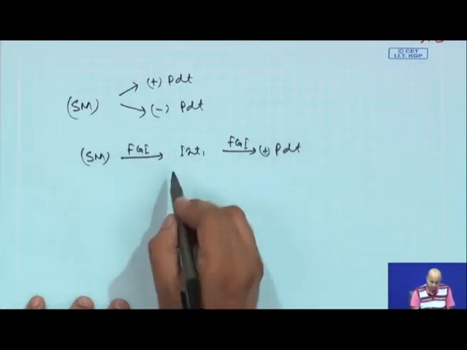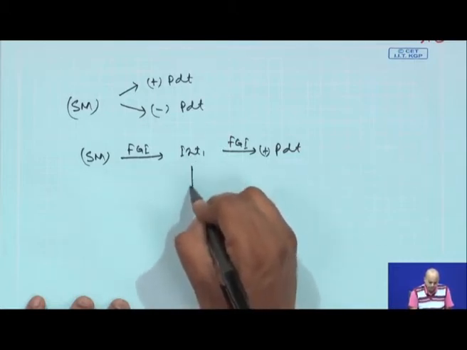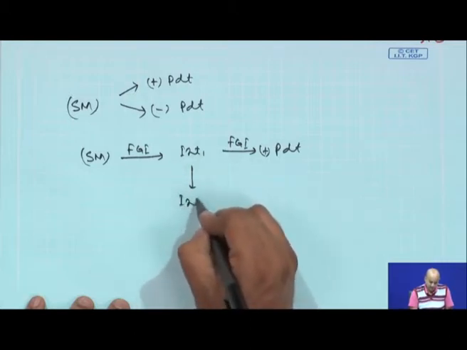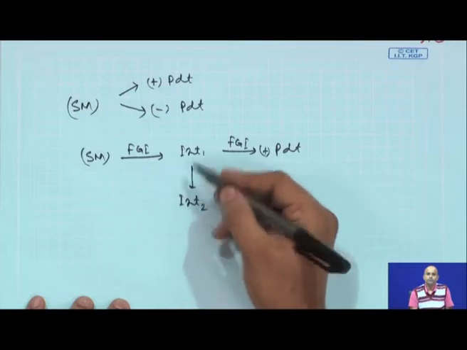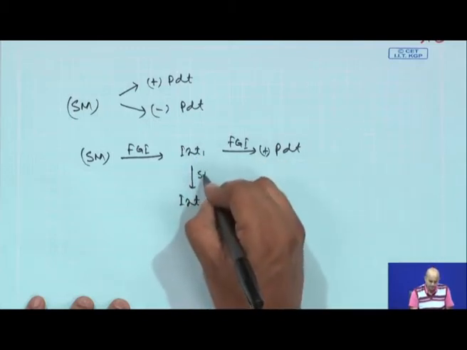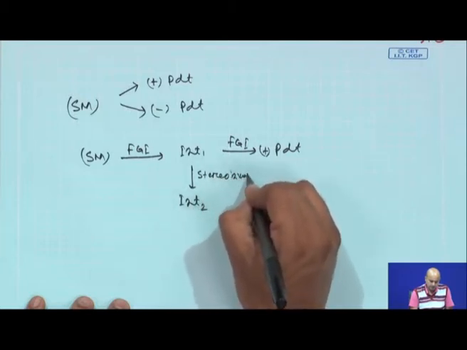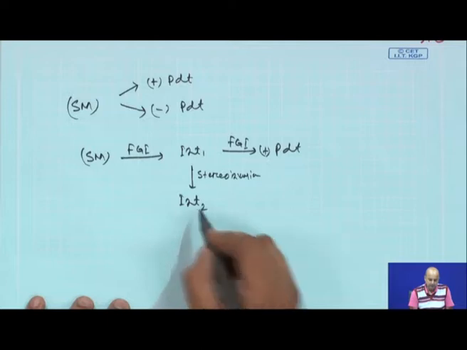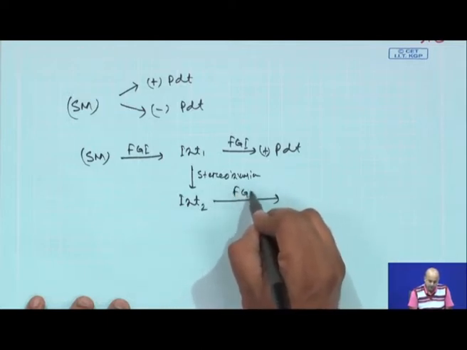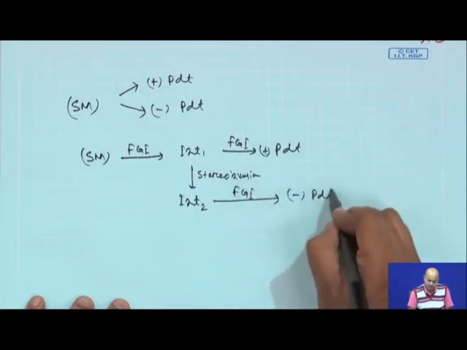In this whole process, at one of the intermediates you can change the stereochemical sense, either by inversion or by mutation, and you may get another intermediate. This intermediate will lead you to the negative or minus product.